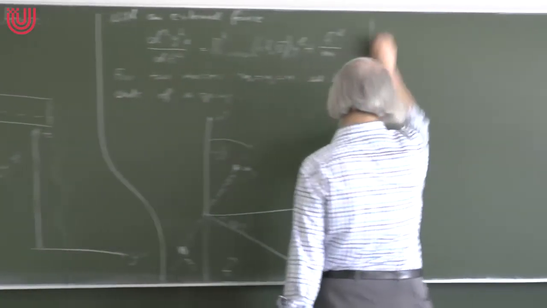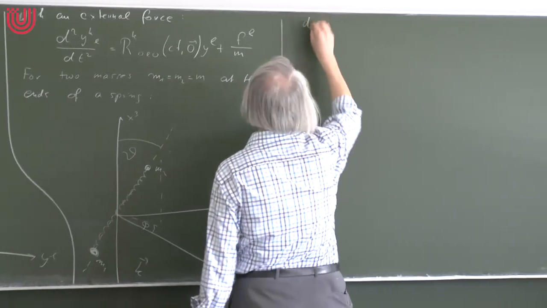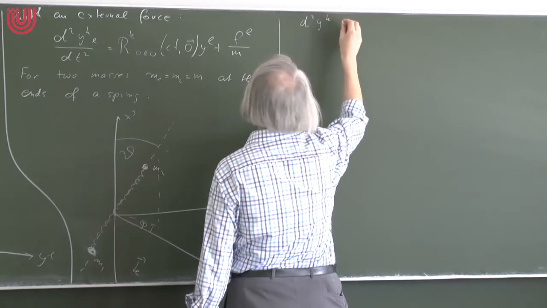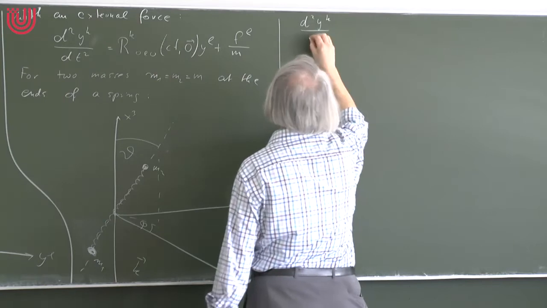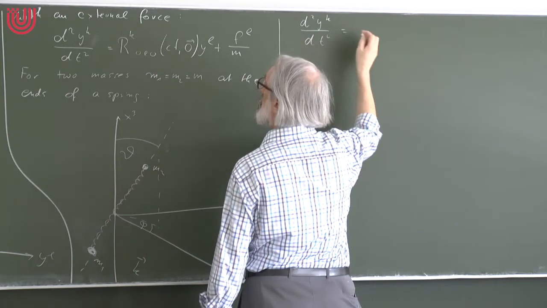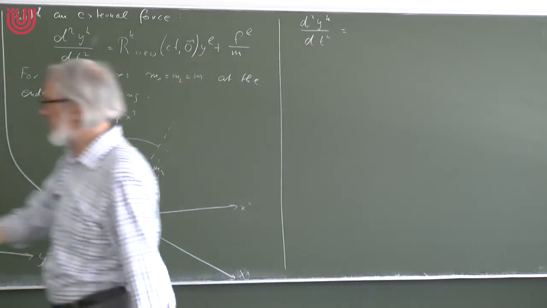So my differential equation is now what? It is d2 yk, this has only one index, this is nonsense here, over dt squared is, and for r we have this here.